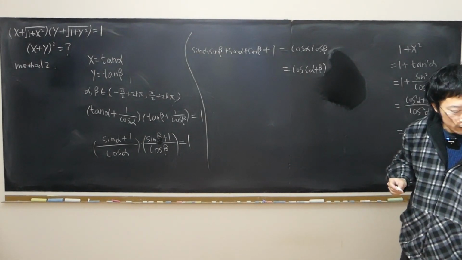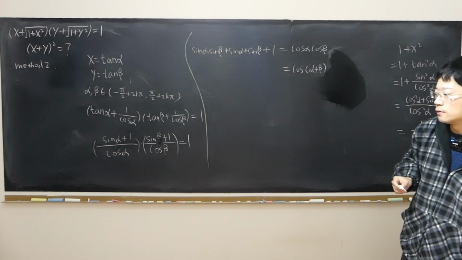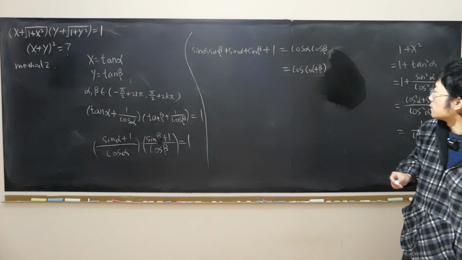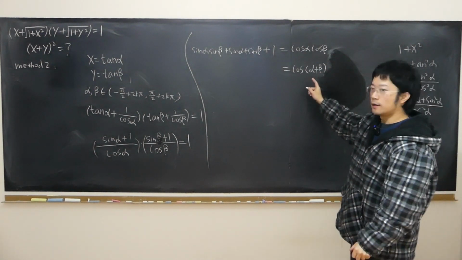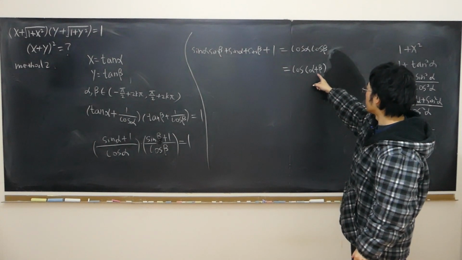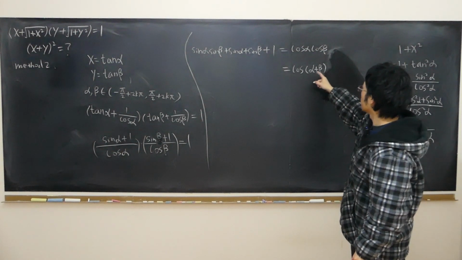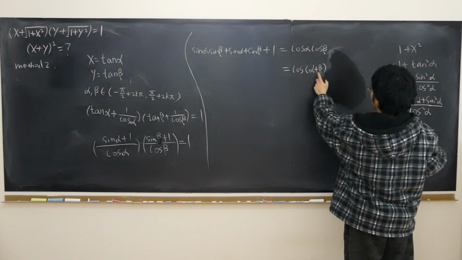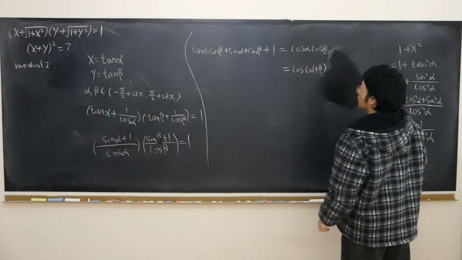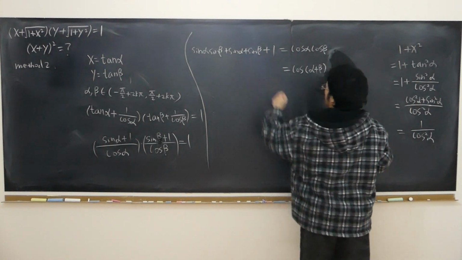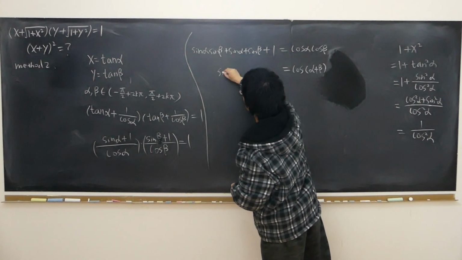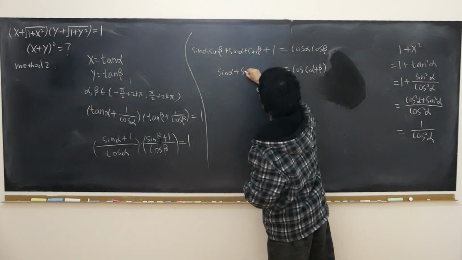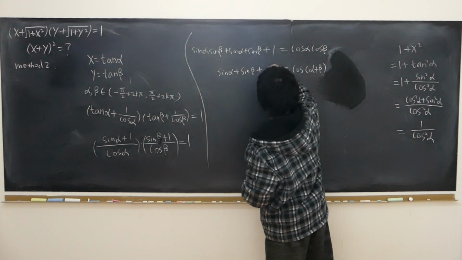If it's the angle sum of sine, then the signs have to be consistent. Since it's a cos angle sum, the sign should be opposite. Cos minus sine has the opposite sign, and we have a plus inside here, so this is fine. On the left-hand side, we still have to copy down sine alpha plus sine beta plus 1.